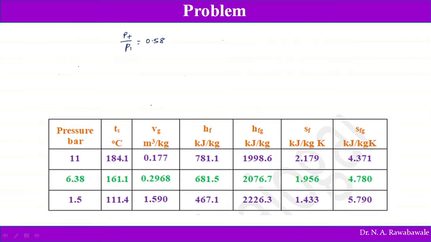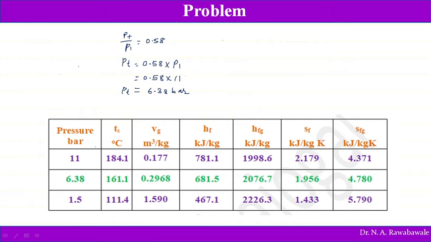So Pt is equal to 0.58 into P1, where P1 is 11 bar. Multiplying this we get 6.38 bar. So now we know the pressure at throat.